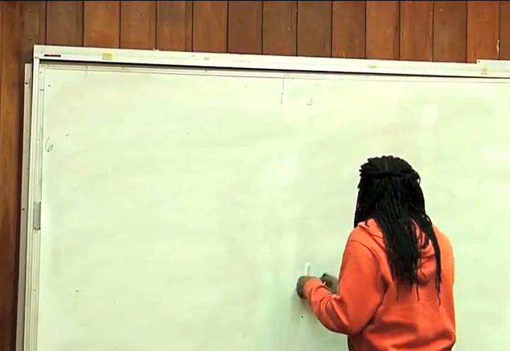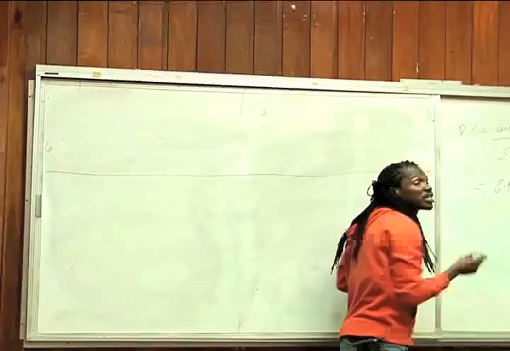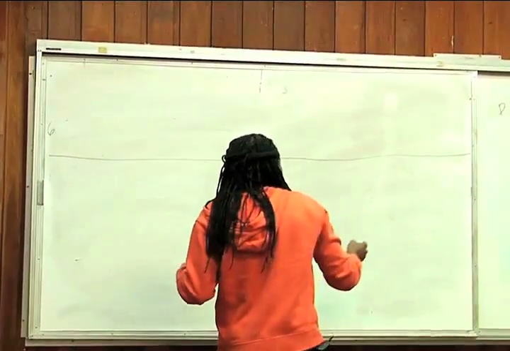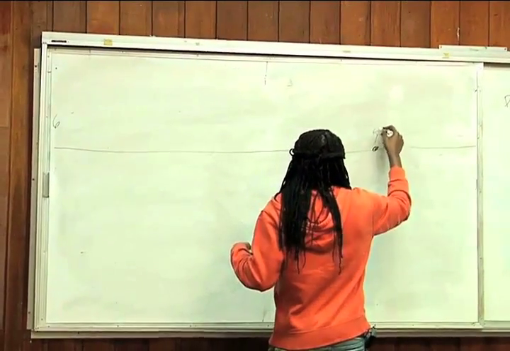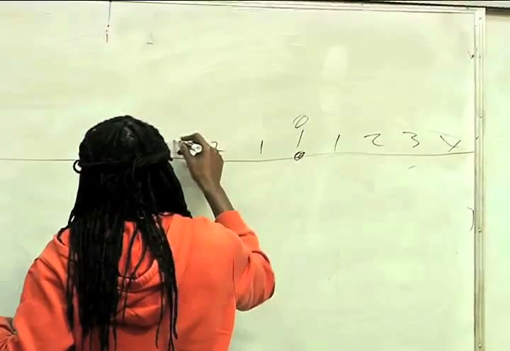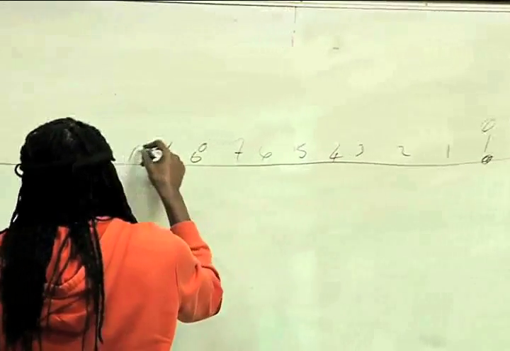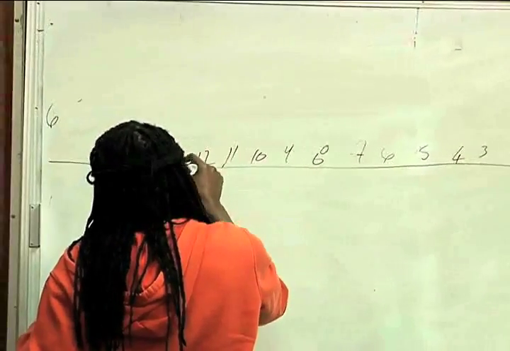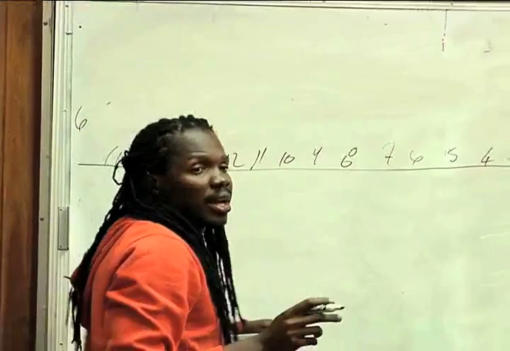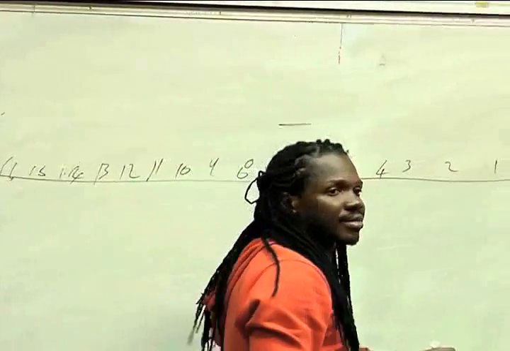Sometimes we ignore the simple thing and end up in a crash. This is 0, 1, 2, 3, 4, 5, 6, 7, 8, 9, 10, 11, 12, 13, 14, 15, 16. Put negatives over here.